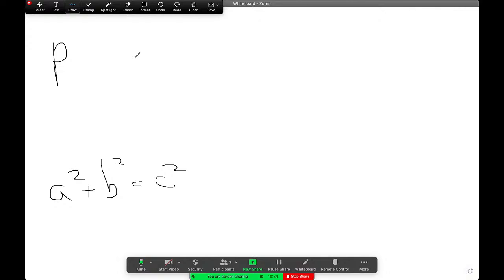So you have the Pythagorean identity, which is basically sine squared of theta plus cosine squared of theta is equal to 1.